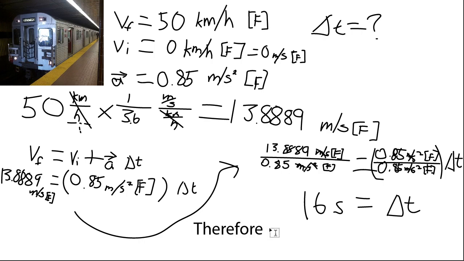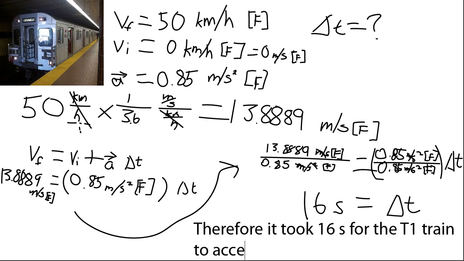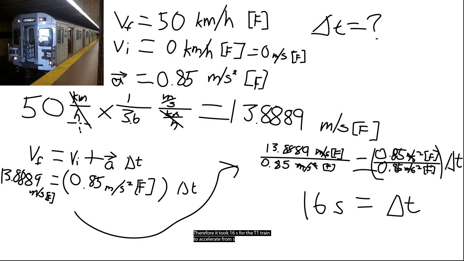Therefore, it took 16 seconds for the T1 train to accelerate from 0 kilometers per hour to 50 kilometers per hour.